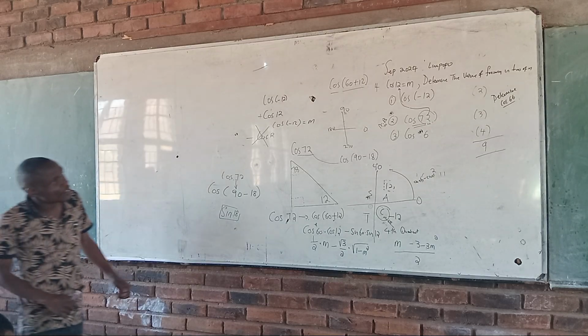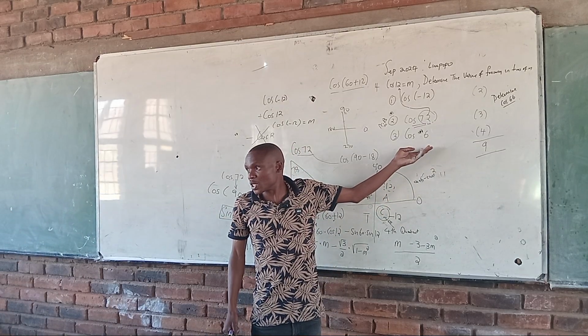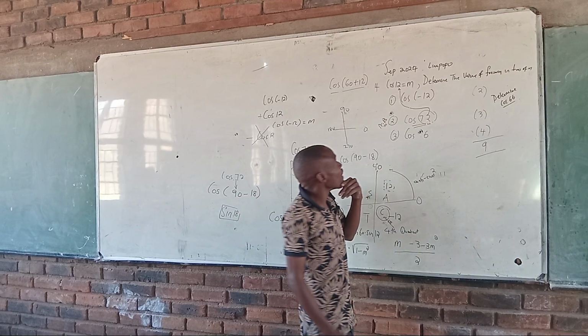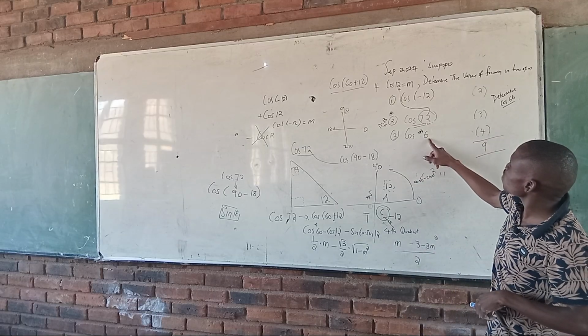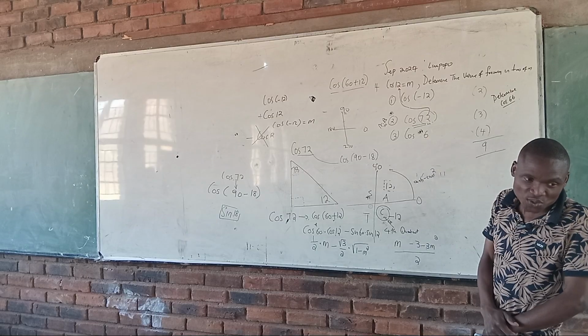This one I think is going to be simple. Is it not simple? Because that one is 12, this one is 6. How did you do this one of cos 6?